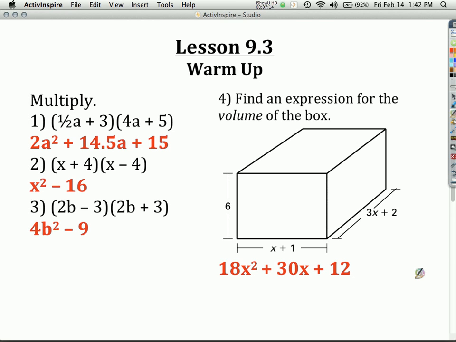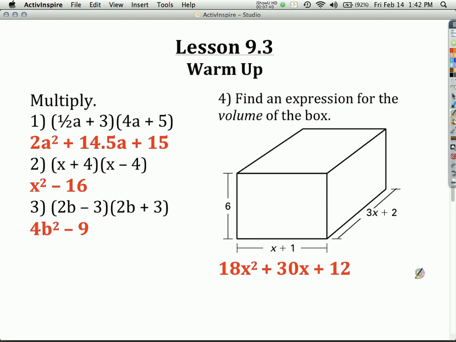All right, comments, questions, and concerns, anything at all? Hezekiah, we'll start with you. I got like 18x squared and 7 plus 12.